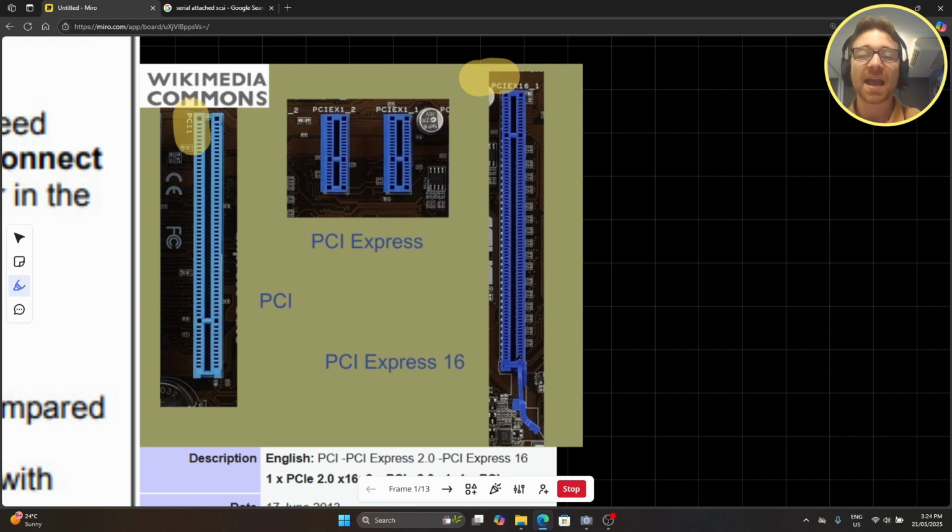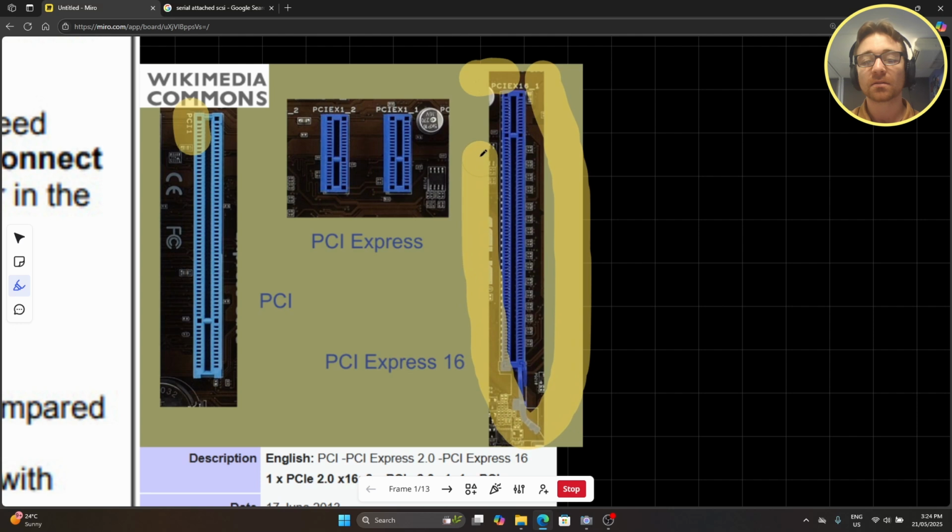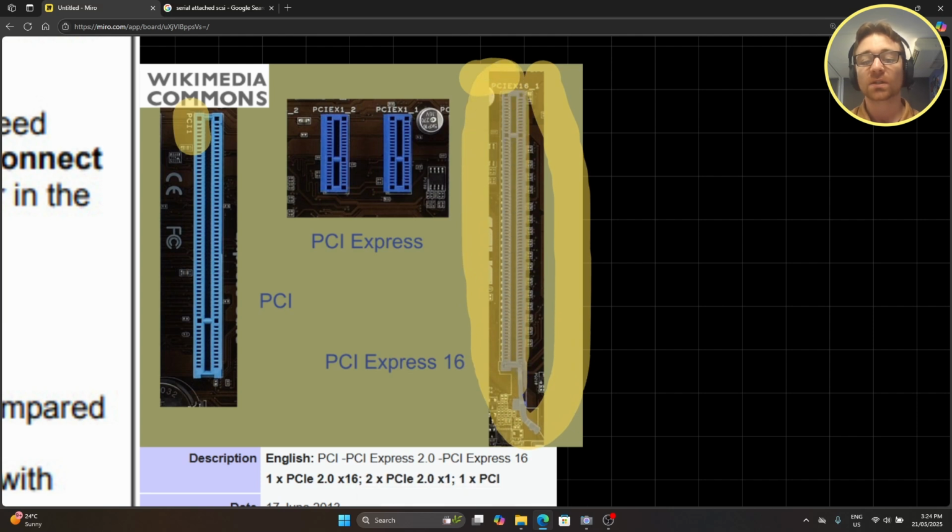What NVMe is, is essentially just a protocol that is used over the PCIe interface in order to take full advantage of that PCIe slot, and it is the fastest protocol to operate.